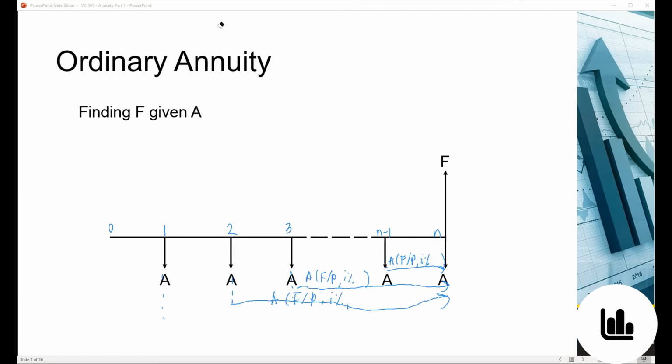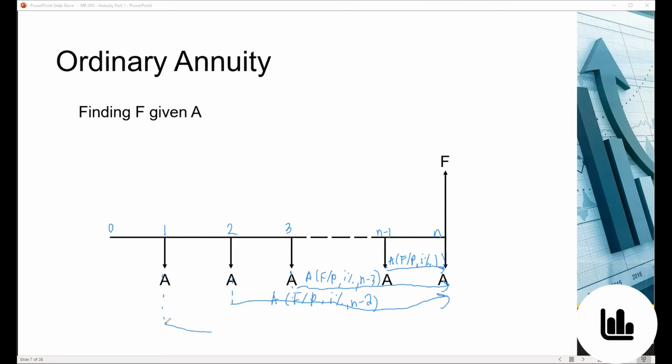Tama lang pala yung 1 kanina. Ito 1. Kasi 1 period lang naman yung layo niya, di ba? Kasi n-1. How about tong 3? Okay, papuntang n. Gaano kalayo? Eh, siyempre, n-3. Doon pala natin gagawin. Tapos ito, n-2.